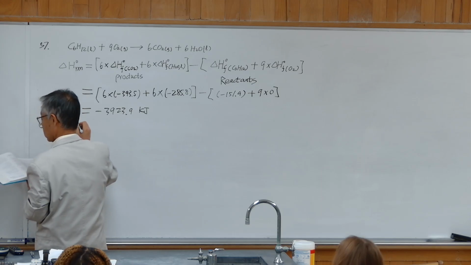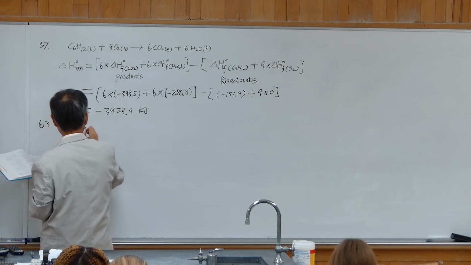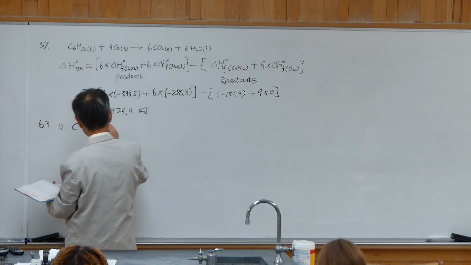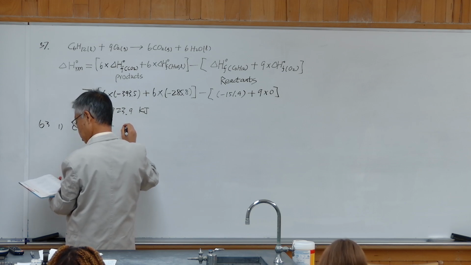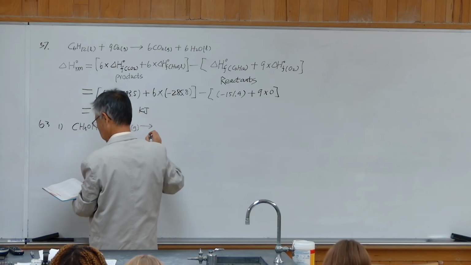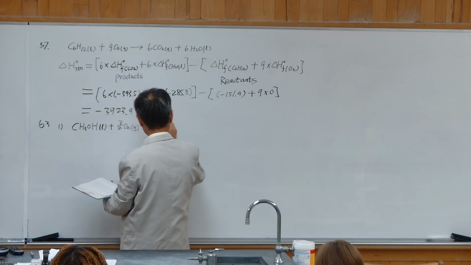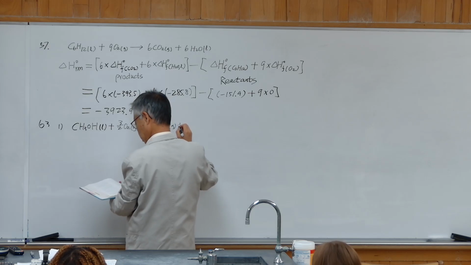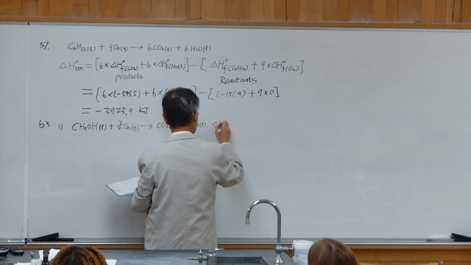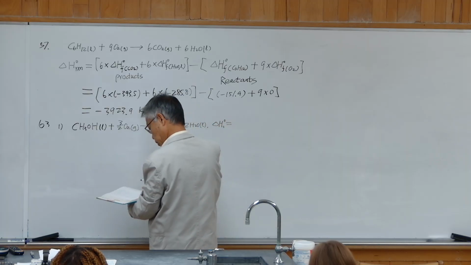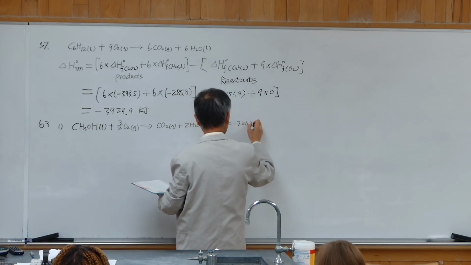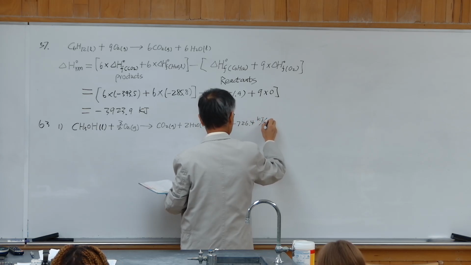Reaction 1 is CH3OH reacting with oxygen gas to produce carbon dioxide and liquid water. This reaction's enthalpy change is negative 726.4 kilojoule.